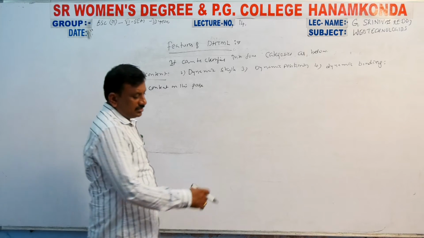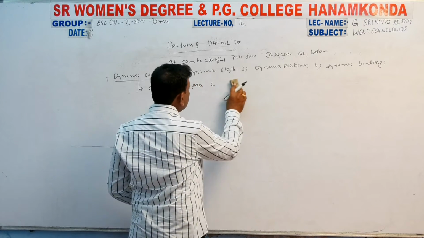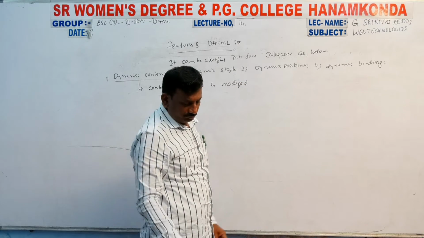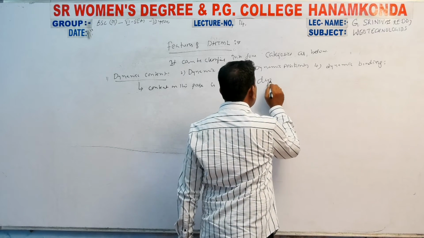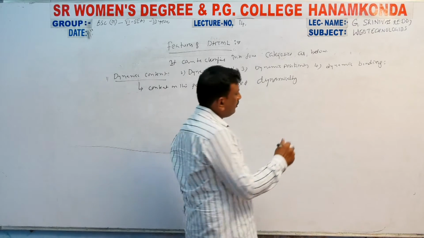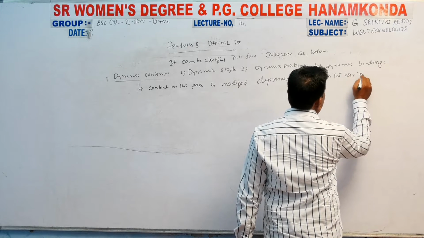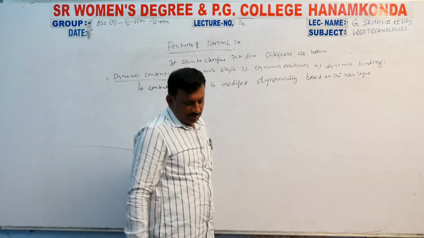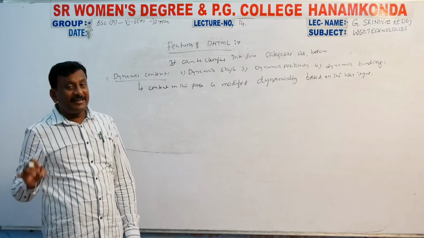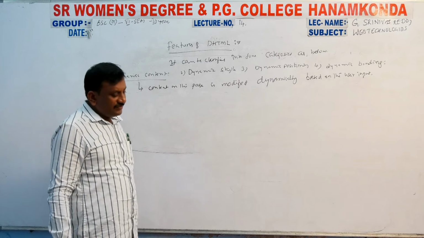Content on the page is modified dynamically based on the user input or user action. That is dynamic content. Next one is dynamic style.